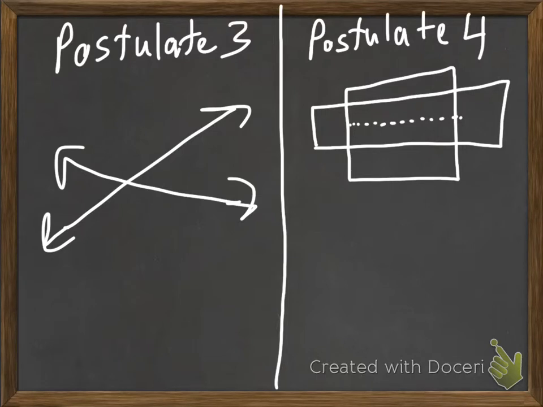Now we have two postulates. For postulate 3, what I want you to do is look at this picture and try to conclude what's going on with what you know about intersections. So pause the video and contemplate what's going on.